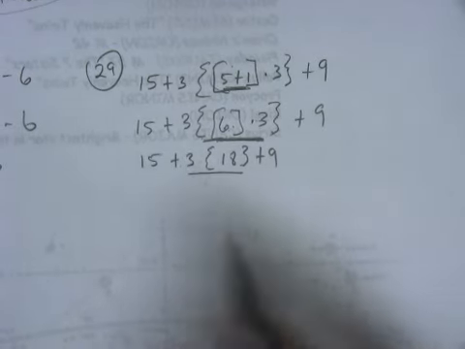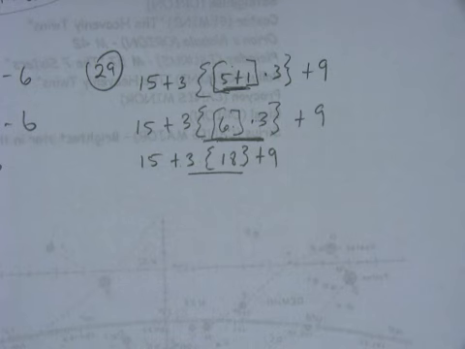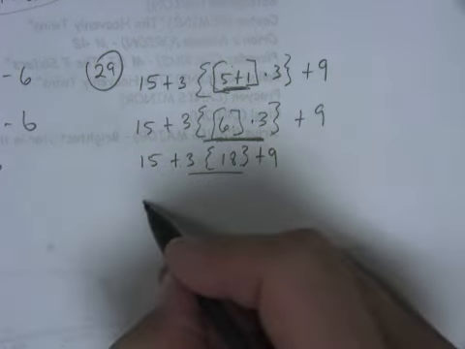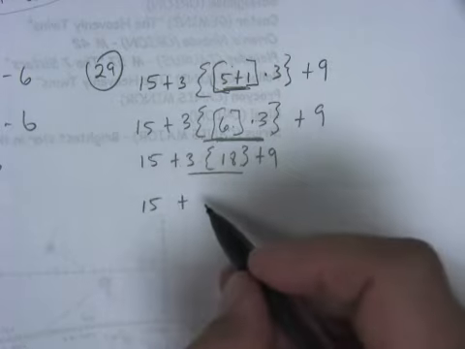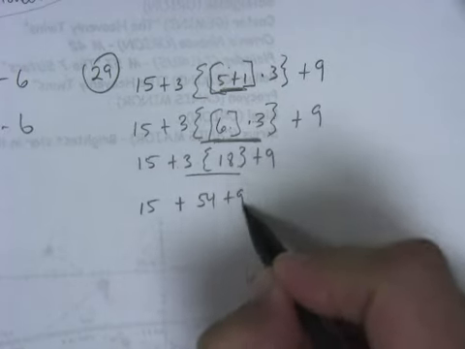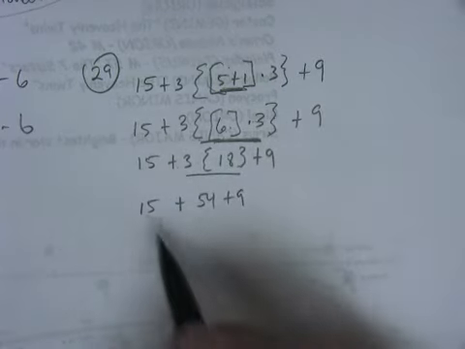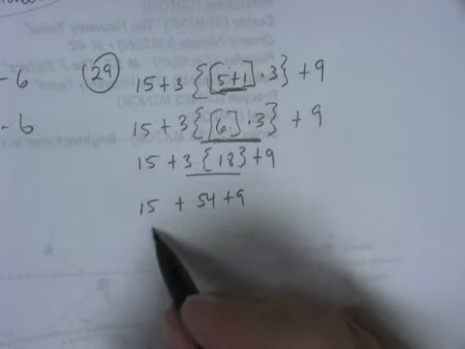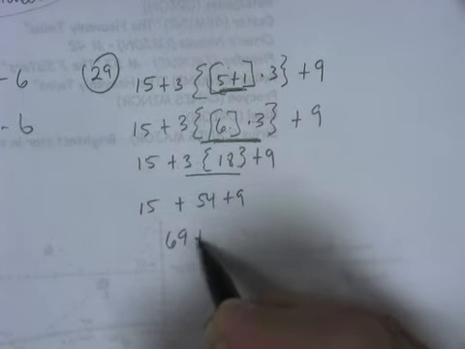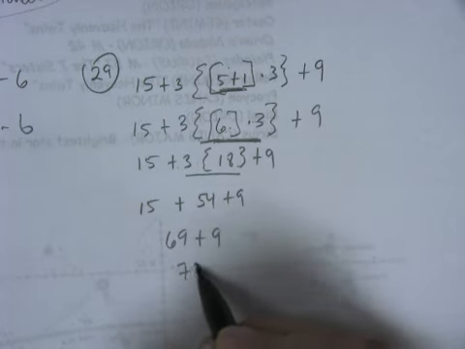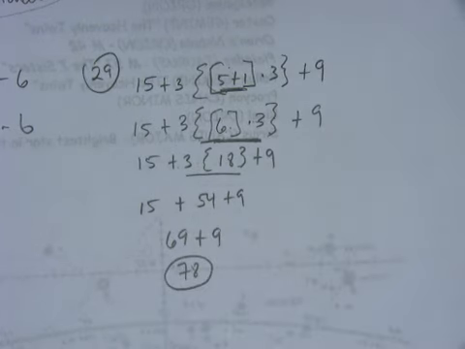So we'll multiply first. And so 15 plus 54 plus 9. 15 and 54, add those together, it's going to give us what? 69, plus 9, and that'll give us 78. And there it is. Good luck on lesson number 5.